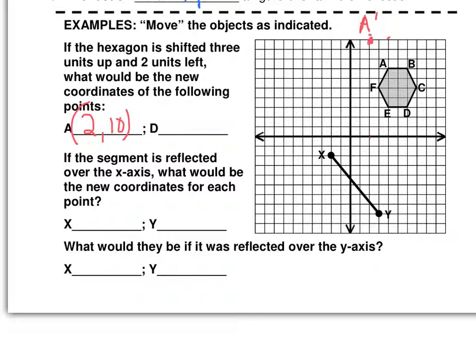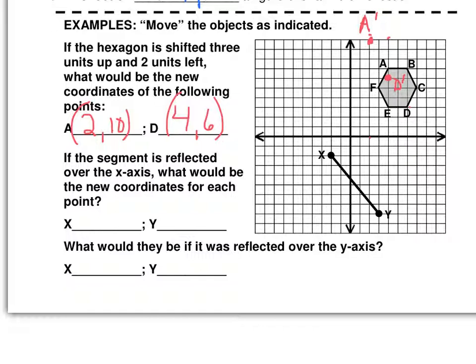Now I'm going to translate D, this point here, up 3 and over 2. And I end up there, and that's going to be D prime. The new point is located at 4, 6.